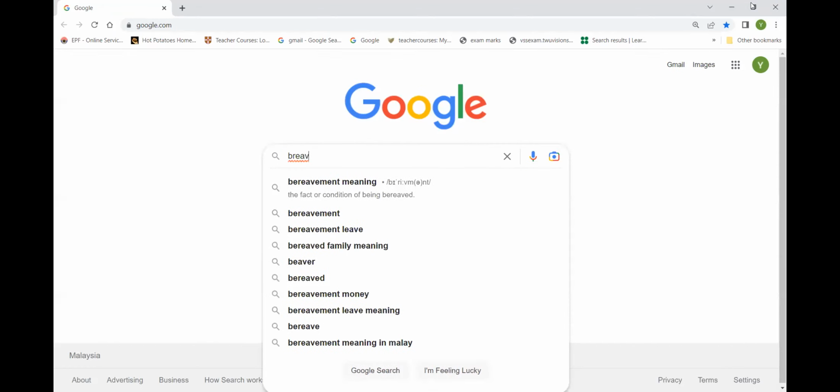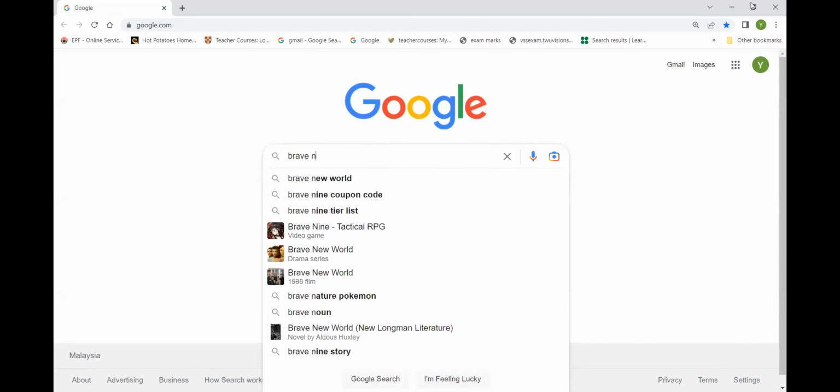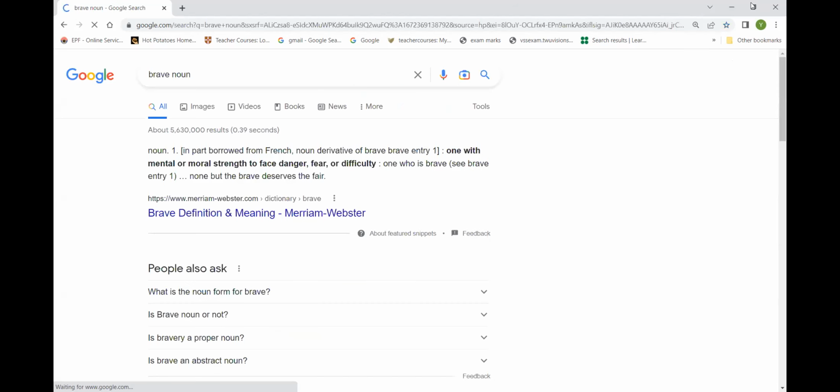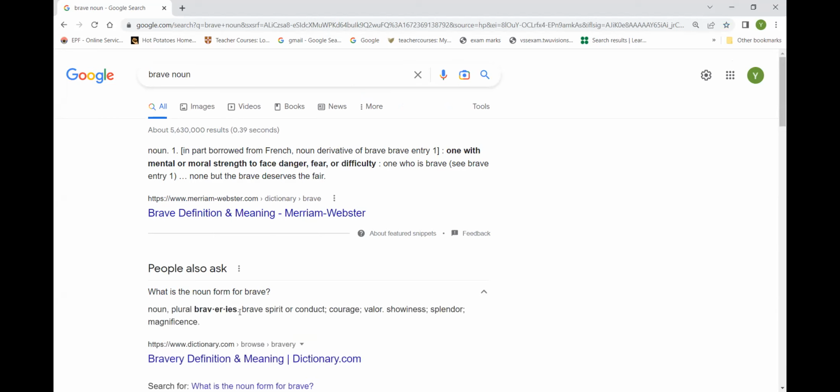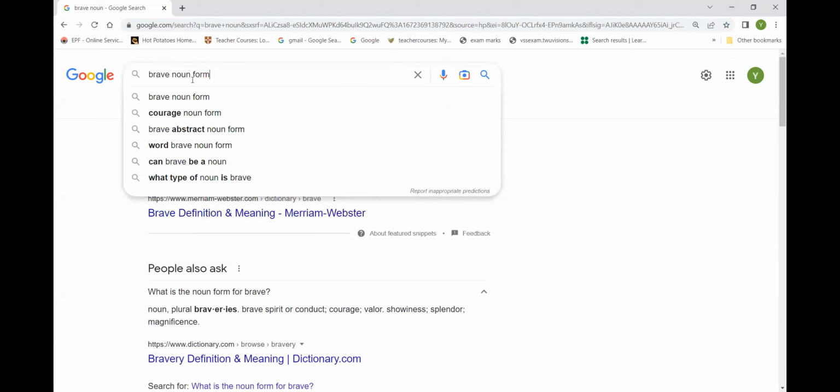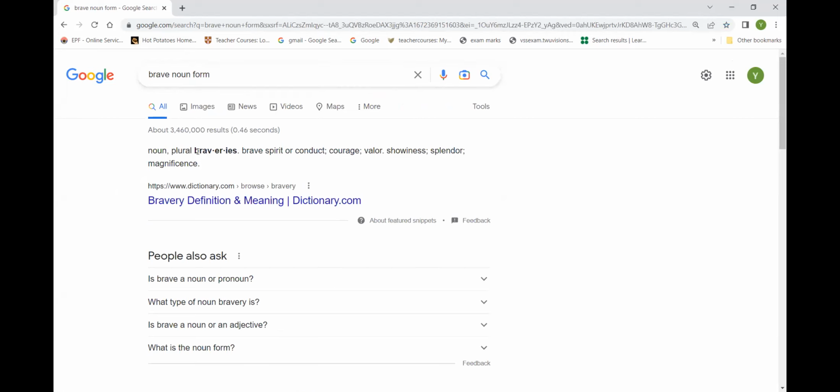The noun of brave. So you can type like this one. It shows you the noun form for brave, this one, braveries. Did you see this one? Bravery or braveries, it depends. Or courage. Okay, courage or bravery. There's a plural form, braveries. Okay, got it? Yeah. Okay, good.